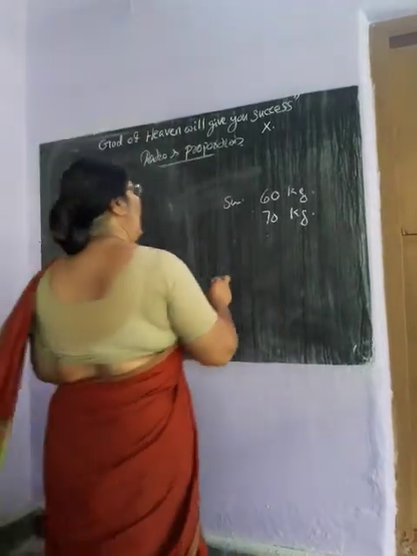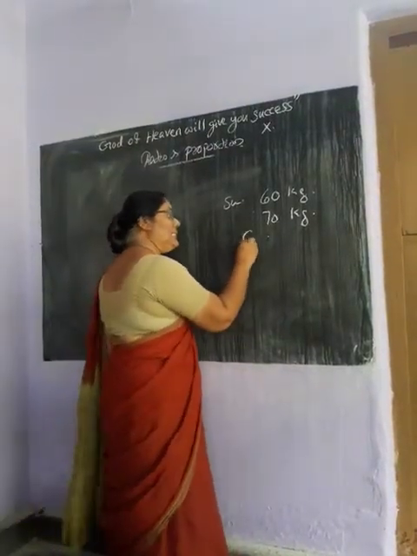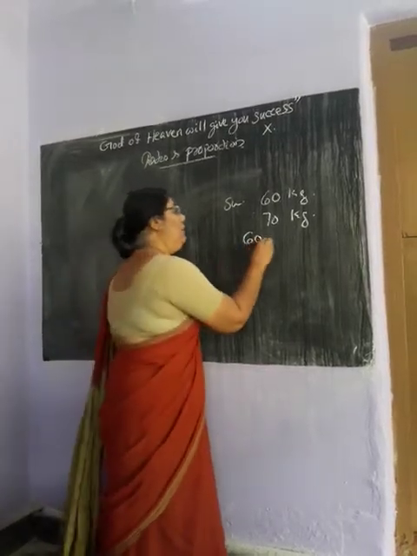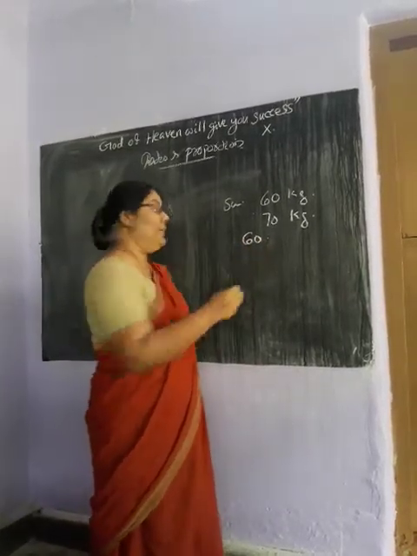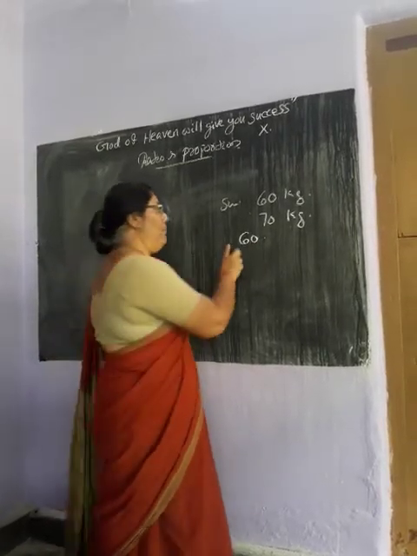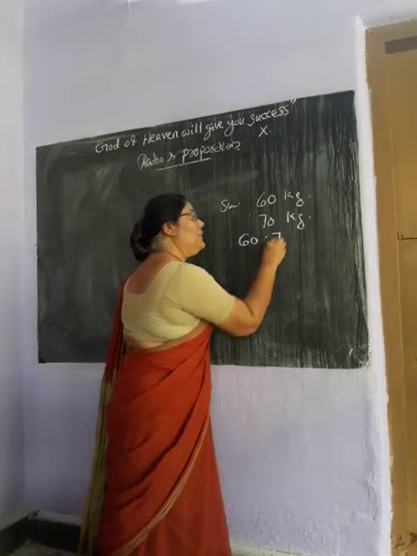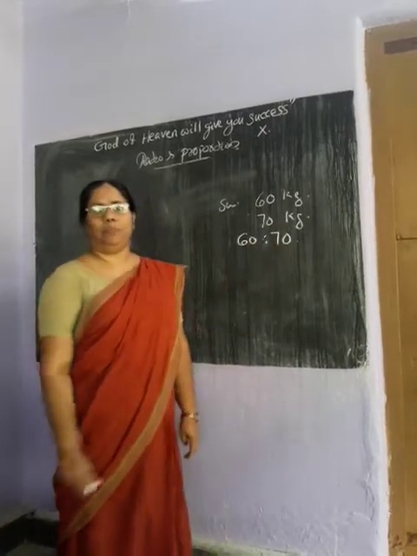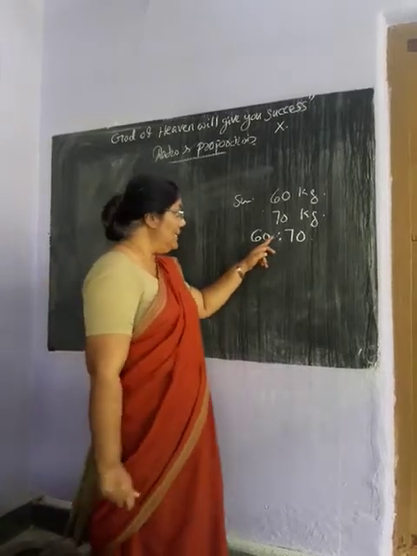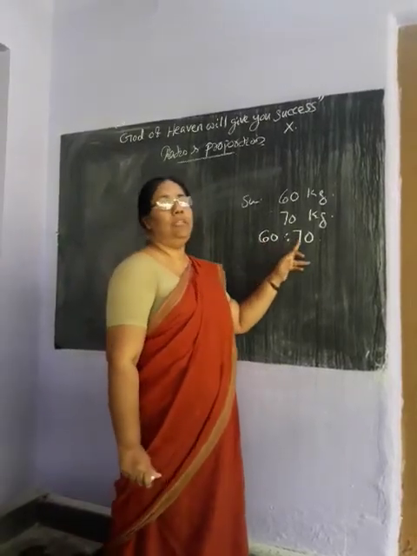Then how to write that? We write this in the ratio form, which means 60:70. Understand? The notation for ratio is 60:70.